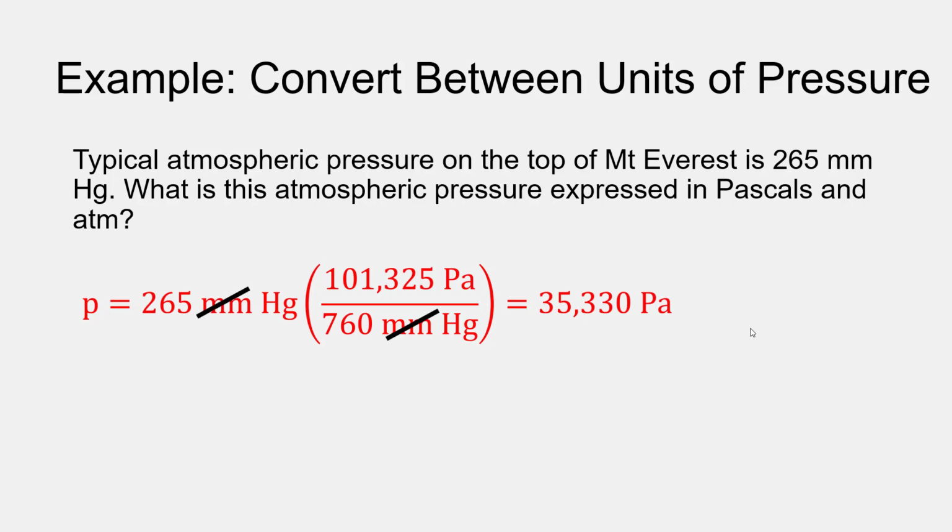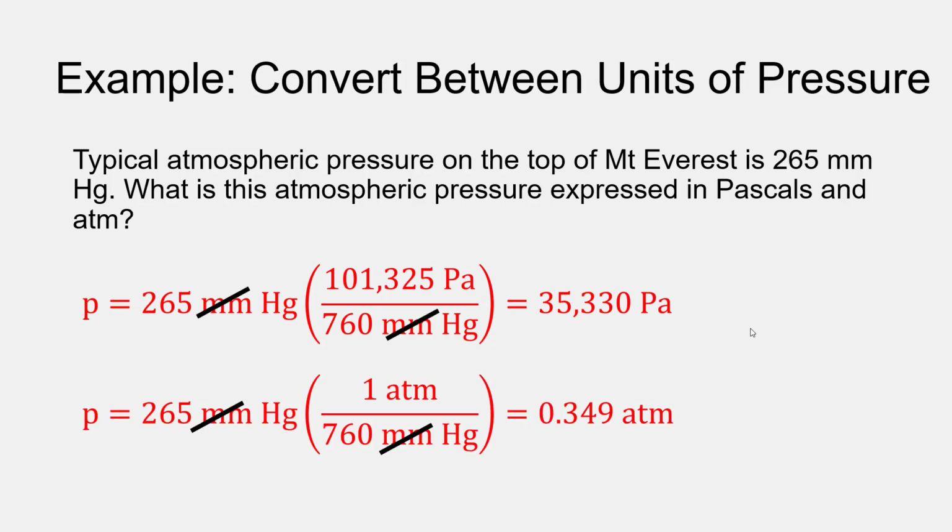We go through the same thought process for atmospheres of pressure. We start with 265 millimeters of mercury, and we recall that there's 1 atmosphere for every 760 millimeters of mercury. So if we multiply through, the millimeters of mercury divide out, 265 times 1 divided by 760, and this pressure is equivalent to 0.349 atmospheres.